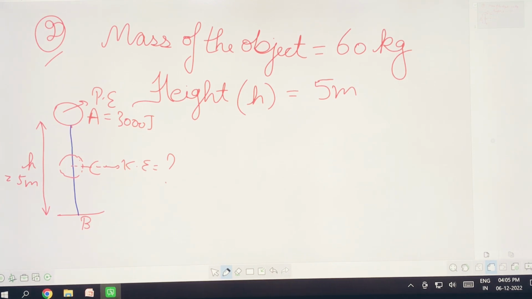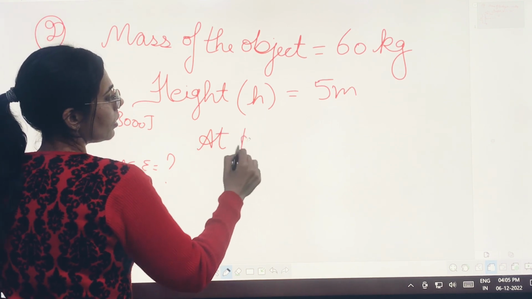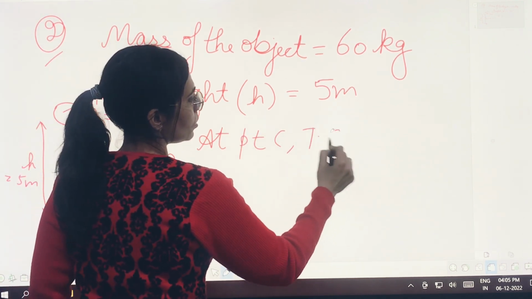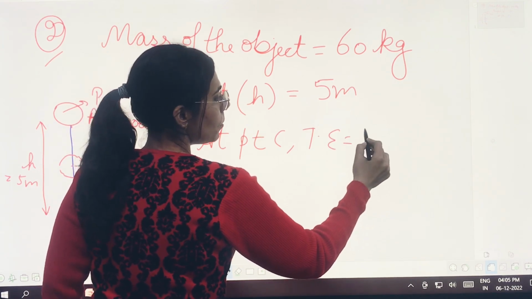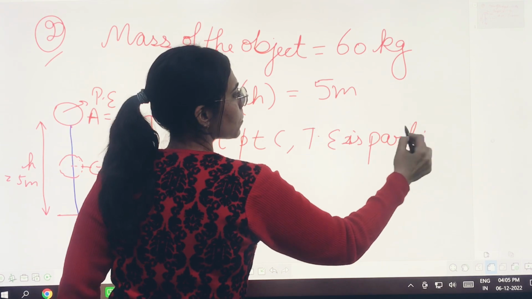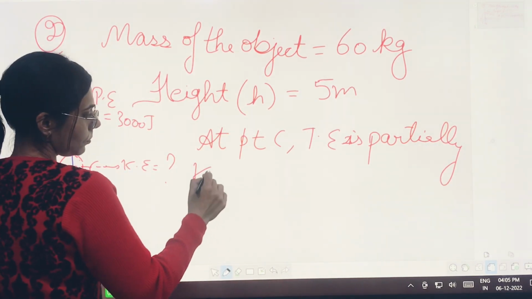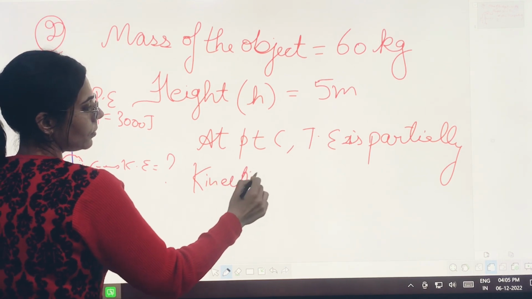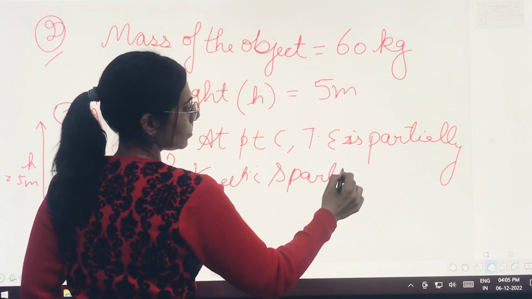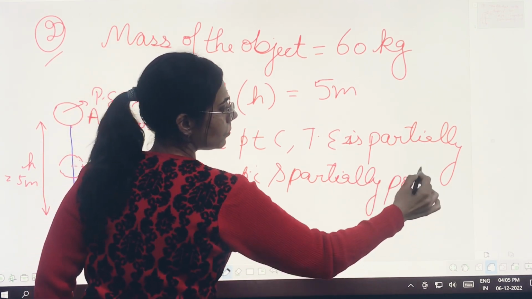So we can write that at point C, the total energy is partially kinetic and partially potential.